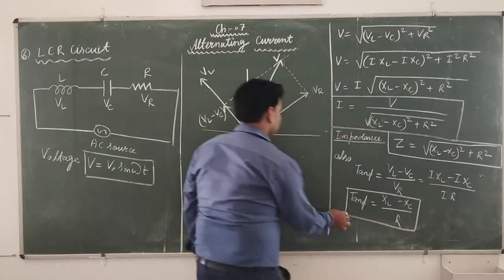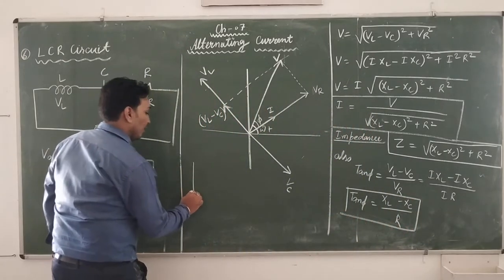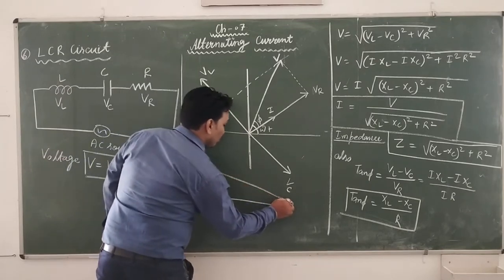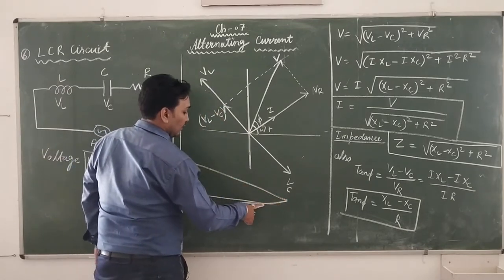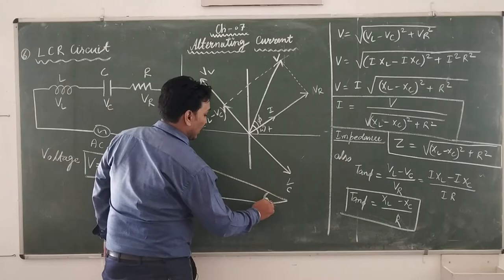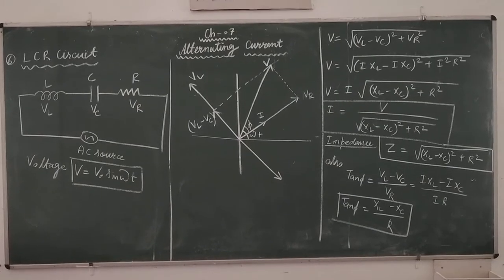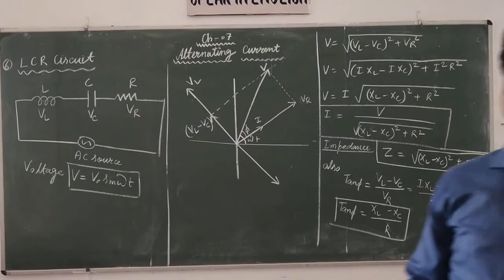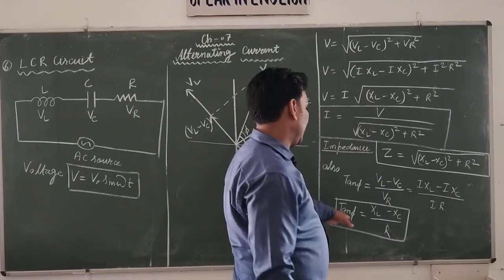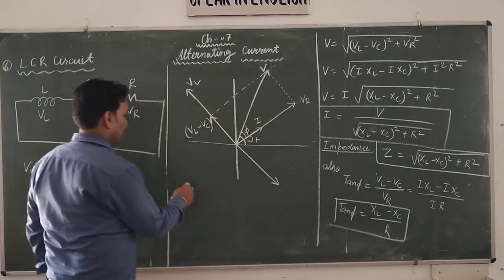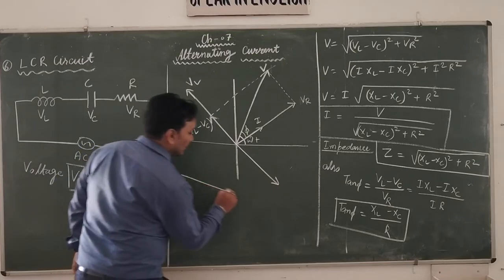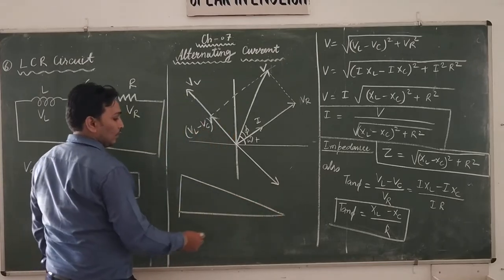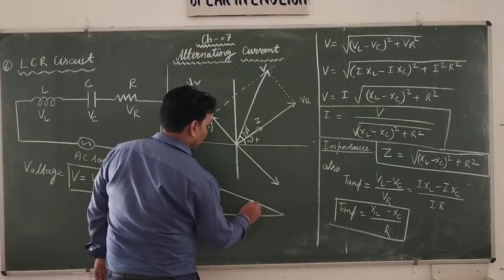For this case, if the impedance triangle has to be made, then what parameter is going to be there? This angle is phi. So now the tan phi formula is this. Now if you draw an impedance triangle for this, this angle is going to be phi.